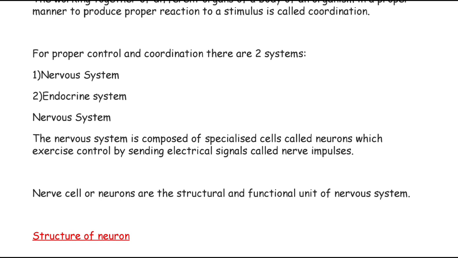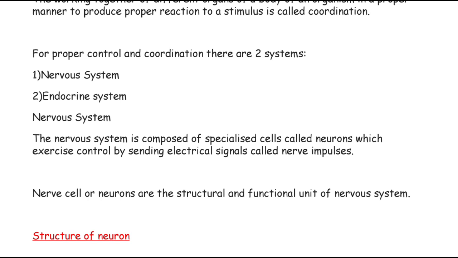The nervous system is composed of specialized cells called neurons, which exercise control by sending electrical signals called nerve impulses.